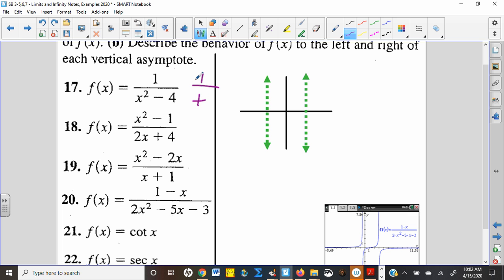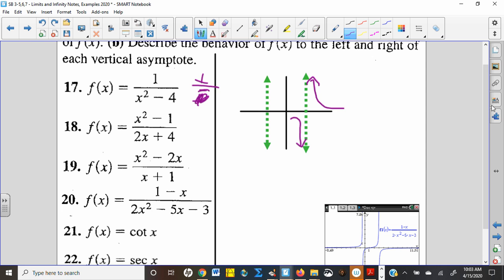So I get a positive over a positive, so that means that on this side of the graph things are going to stay positive. Now if I flip that and put in a 1.99, the top is still positive, but now 1.99 squared is just a little less than 4, so when I subtract 4 I actually get a negative. Positive divided by negative is negative, so that means we're going down on this side of the graph.